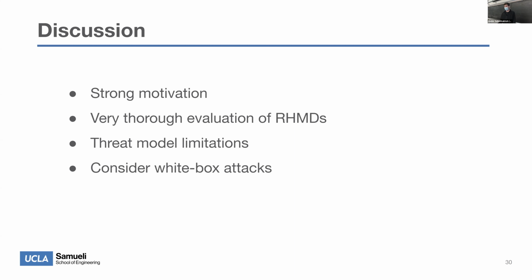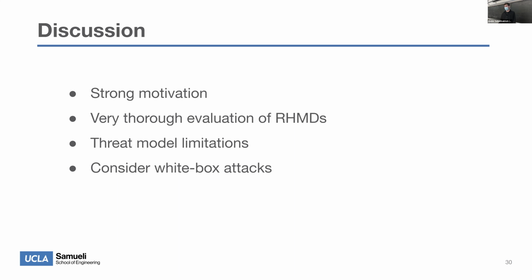And for future exploration, one thing that could be considered is white box attacks. So in this paper, the authors only talked about black box attacks, and in that case, you would have to reverse engineer the HMDs.